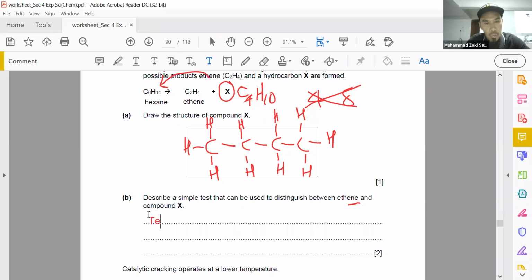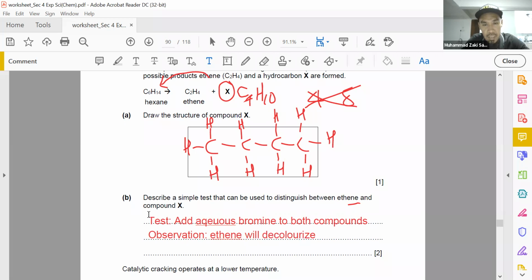For the test, we add aqueous bromine to both compounds. What do you see for observation? Ethene will decolorize the bromine. Remember, use the word decolorize. Very important, this one is called marks.